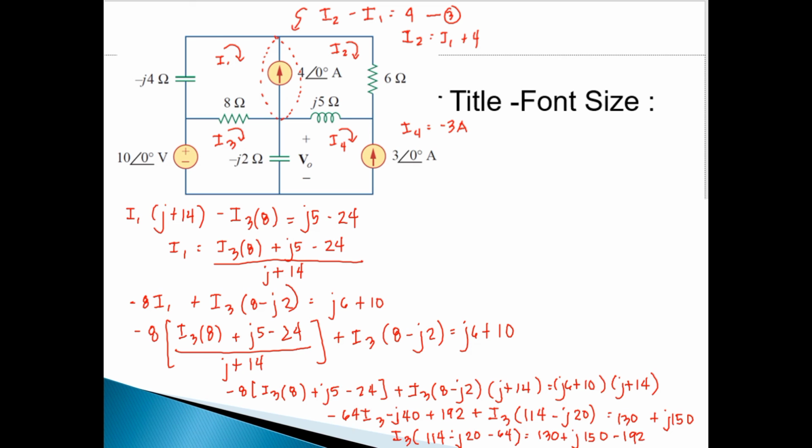Alright, so this will be I3 equal to 130 minus 192, that's negative 62, plus j150, all over 114 minus 64, that's 50, minus j20.